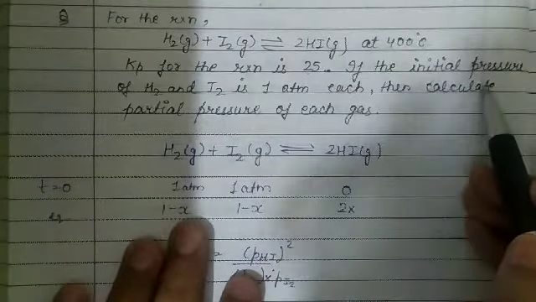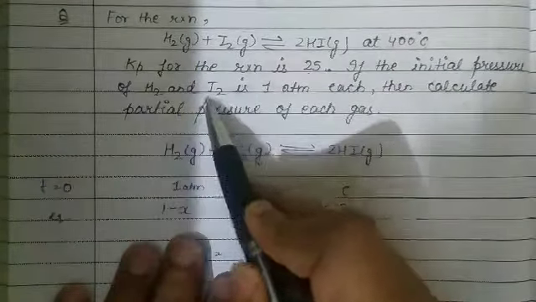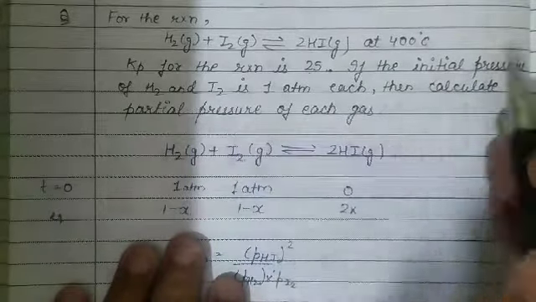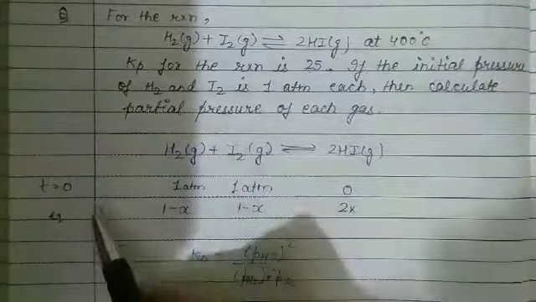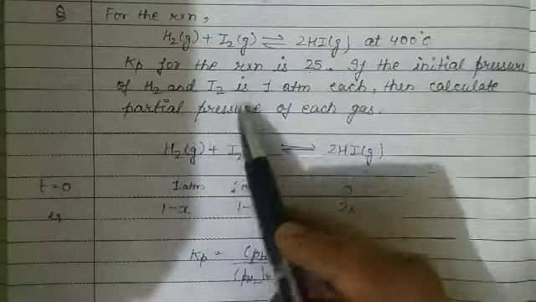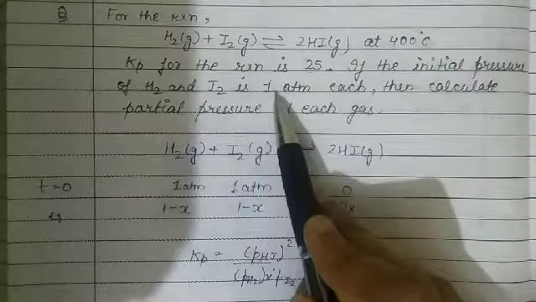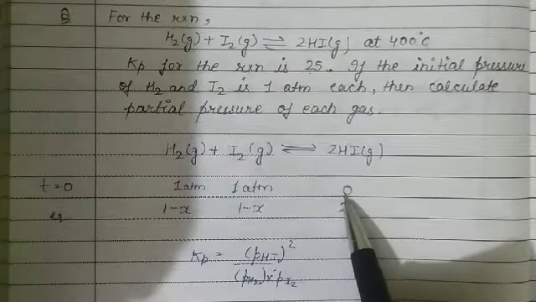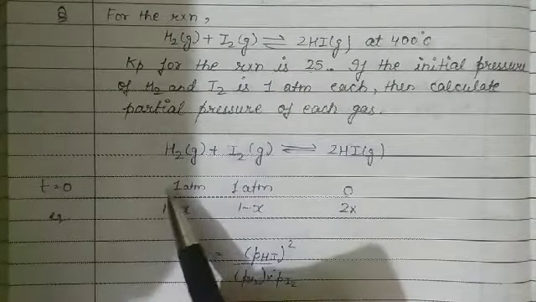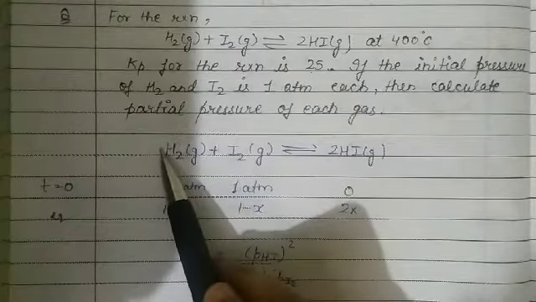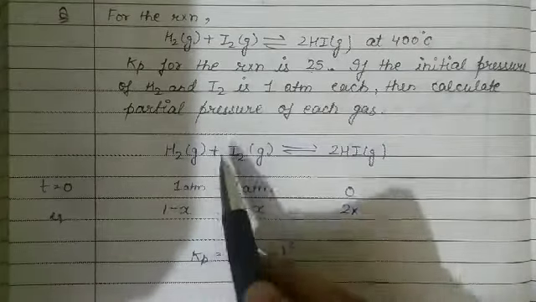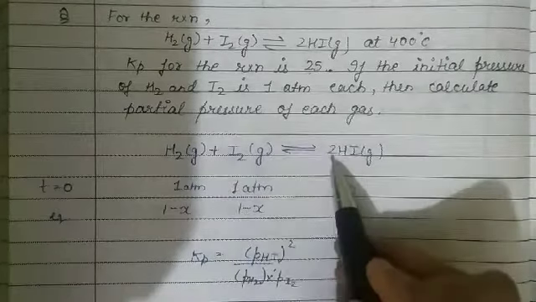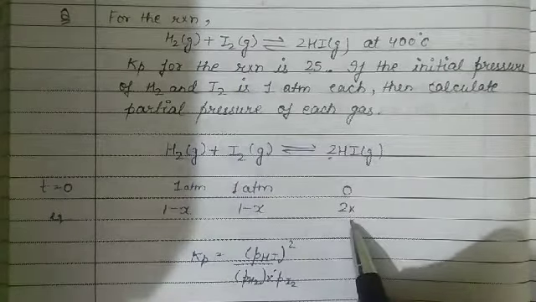If the initial pressure of H2 and I2 is 1 atm each, then calculate partial pressure of each gas. So at t equal to 0, initial pressure of H2 and I2 is given 1 atm, and initial pressure of HI is 0. So at equilibrium, as the coefficient is 1, it is 1 minus x. Also the coefficient of I2 is 1, so it is 1 minus x. The coefficient of HI is 2, therefore it will be 2x.